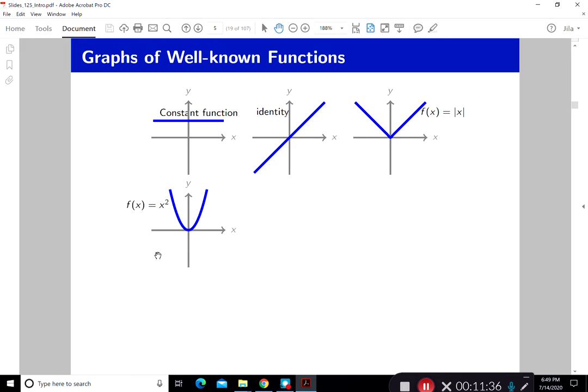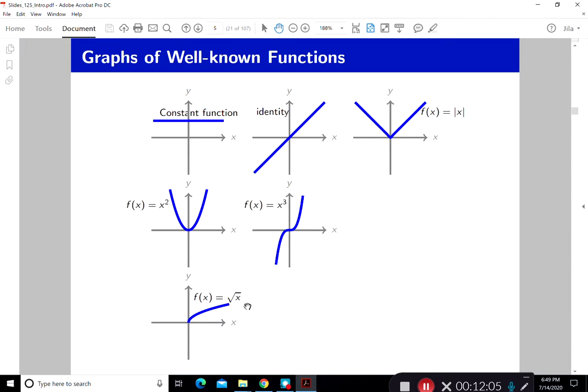And then the graph of f of x equal to x squared, that's the parabola looking upward. The inverse of that has to be restricted, because this is not a one-to-one function, and the inverse is the square root of x, but the domain of the inverse is restricted.